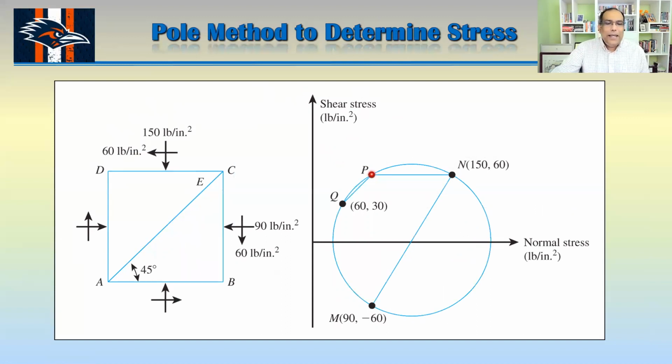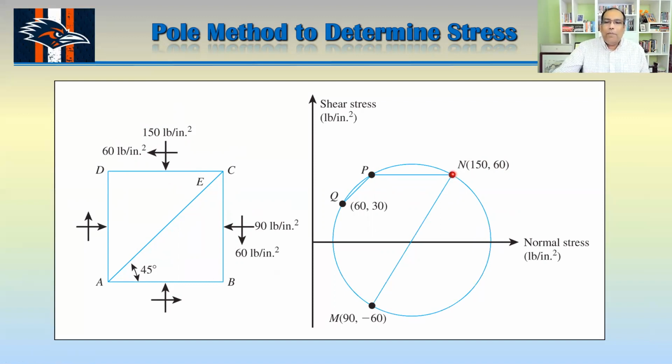Let's say here, I try to find out how I can find the pole. I can either consider this plane or this plane, it doesn't matter. Let's say I'm considering this one here. This one is 150 and this one is positive 60, right? So 150 and positive 60, that's this point here.